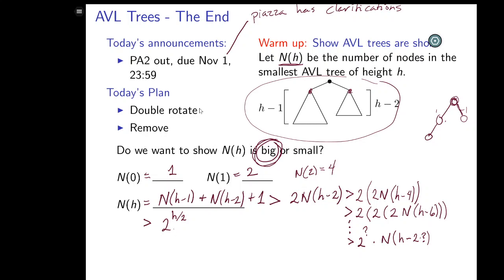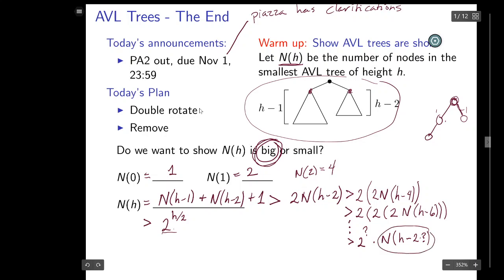Does everybody see why that happened? It's sort of like what's going on over here with these weird squiggly question marks. We do the substitution method a number of times until we can get this part of our recurrence to look like a base case, which happens after about h over 2 steps. The question mark here is indicating h over 2, because h minus 2 times h over 2 is 0 or 1, depending on whether h is odd or even.